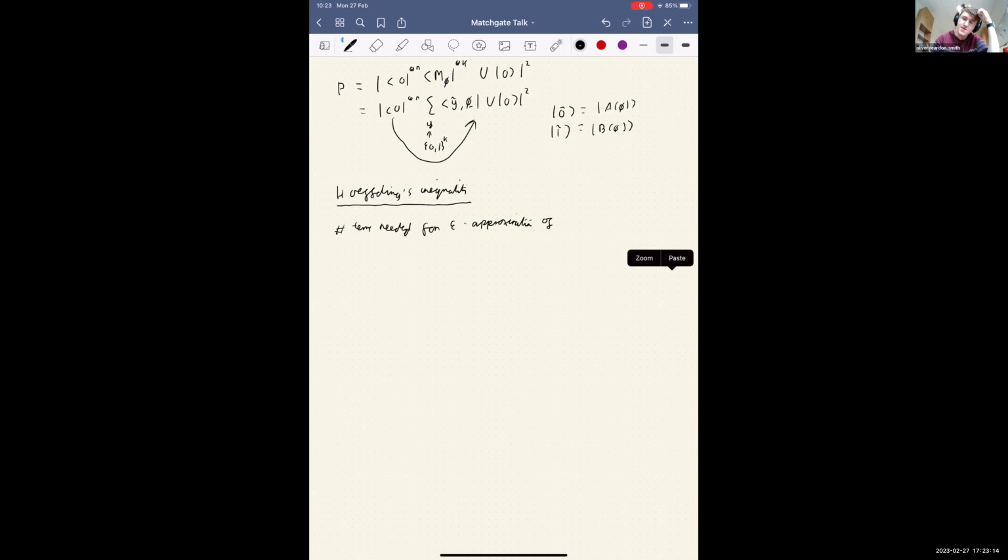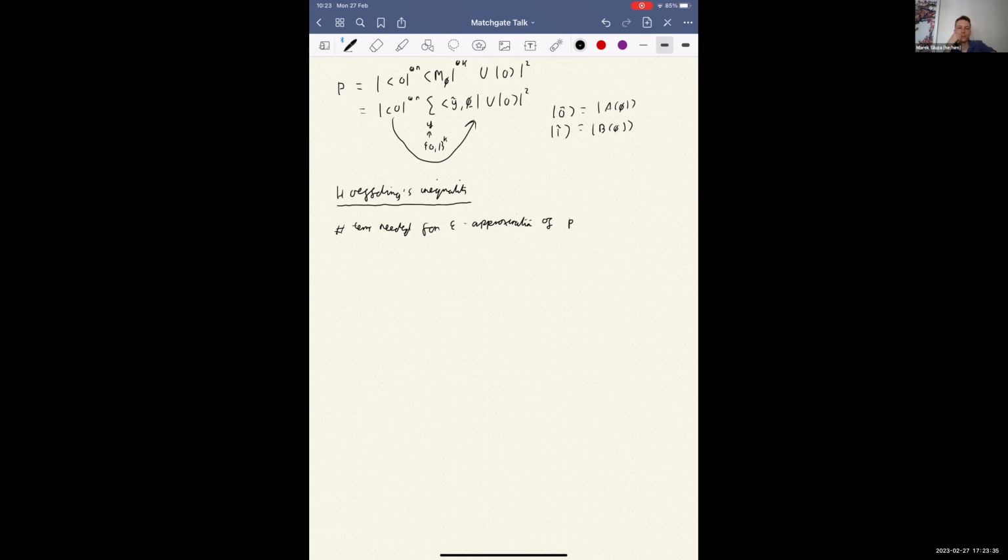Yes, you sample some entries of the sum, and the extent tells you how many terms you need to sample in order to get an epsilon approximation of P. Ah, okay.